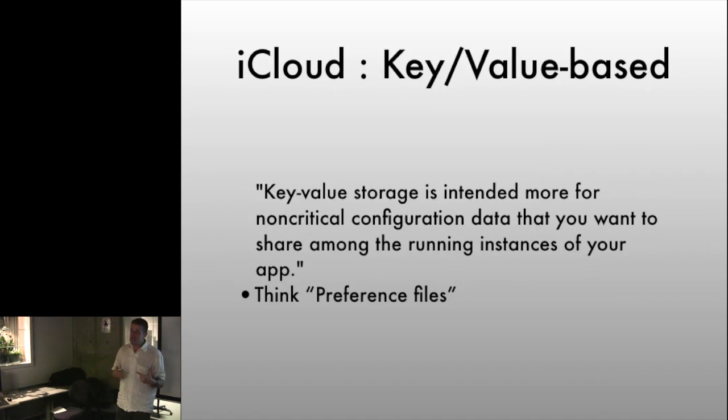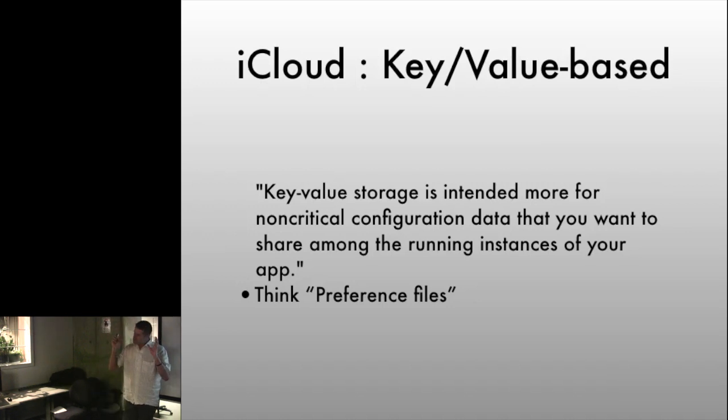Key value storage is much more like configuration data. It's akin to, think, preferences or property lists, which is actually what you're storing up on iCloud. It can only contain property list type data, like strings and dates and numbers and things like that.